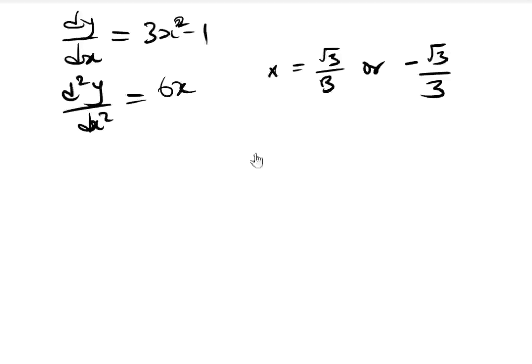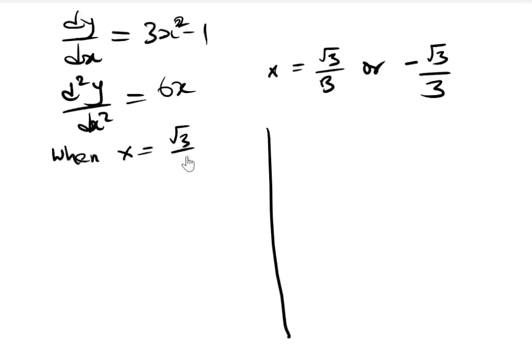So when x is equal to root 3 divided by 3, this is 6x. If I substitute x to be this value, this will be 6 root 3 divided by 3, and the 3 cancels, which will be equal to 2 root 3.